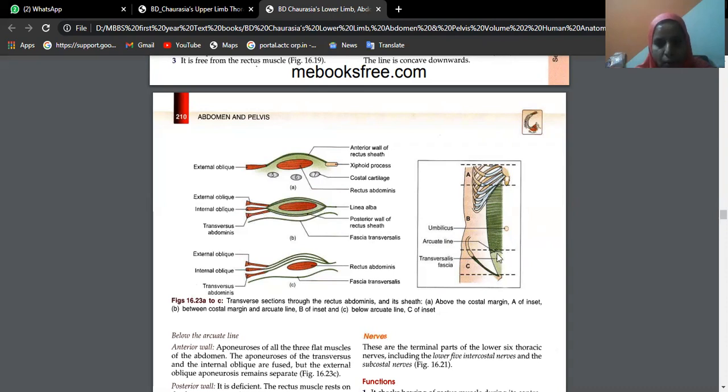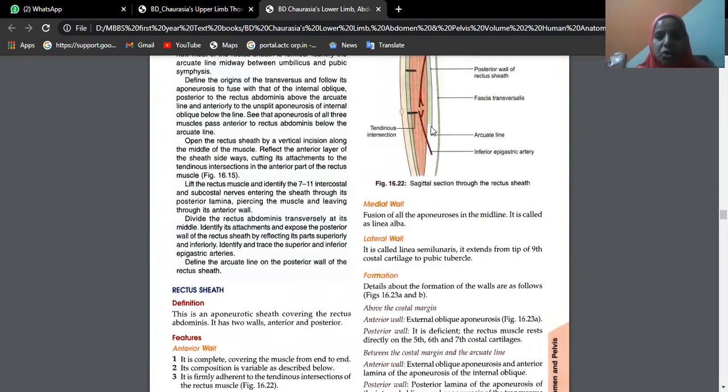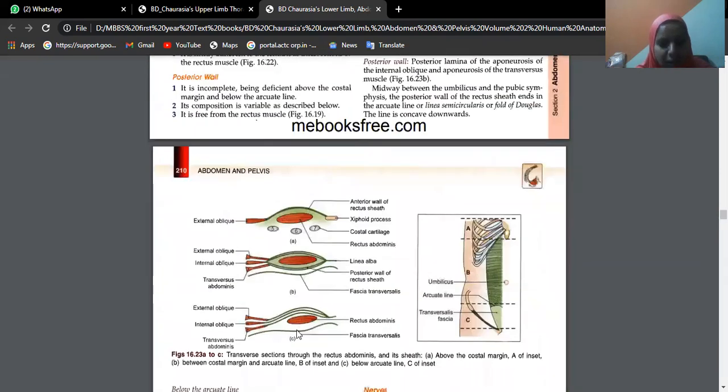Now, below the arcuate line, anteriorly all three flat muscles' aponeuroses take part. External, internal, and transversus aponeurosis will form the anterior wall of the rectus sheath. Posteriorly, as you have seen here, it is deficient. Below the arcuate line, it is directly resting on fascia transversalis.